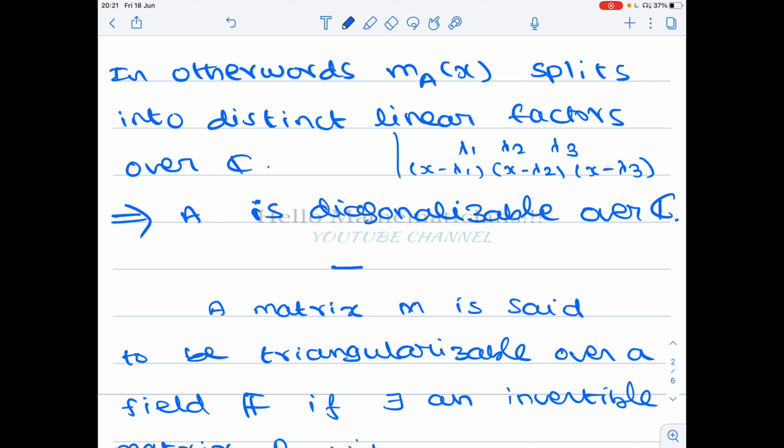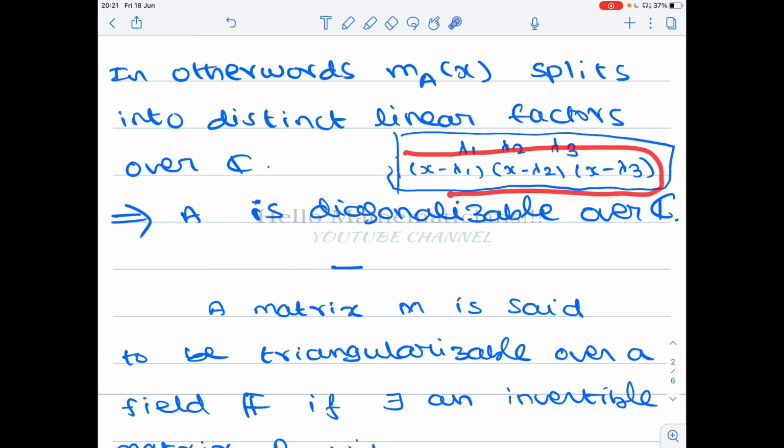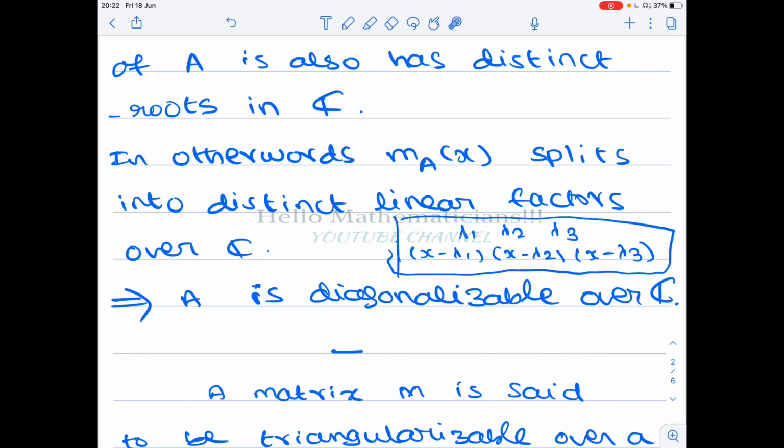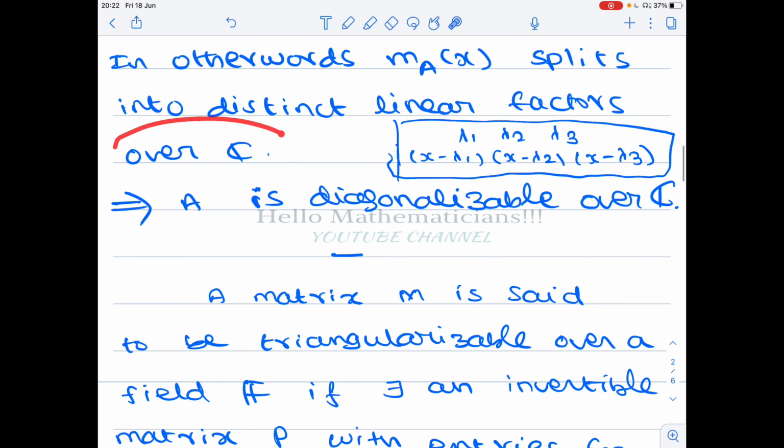Since lambda 1, lambda 2, lambda 3 are distinct, this polynomial is a product of distinct linear factors, or we can say this polynomial splits into linear factors. Therefore, since the minimal polynomial has distinct roots, it splits into distinct linear factors over C.